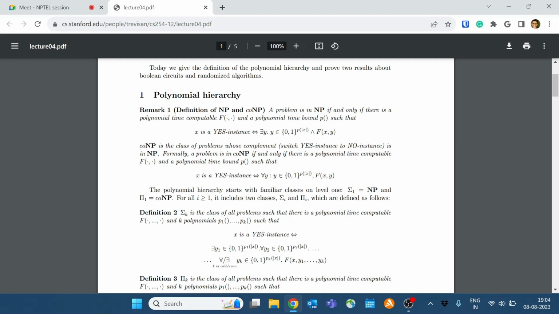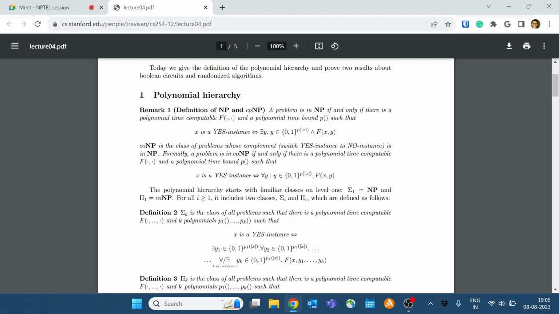Yes. So this is the very first definition, remark one, the definition of NP. A problem is in NP if and only if there is a polynomial time computable f, with a polynomial time bound p, such that x is a yes instance if and only if there exists y.